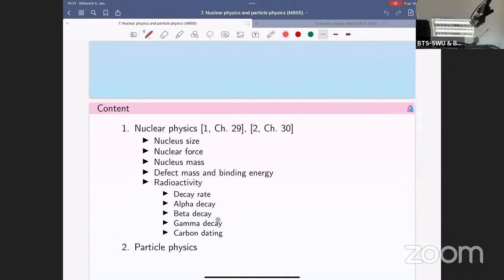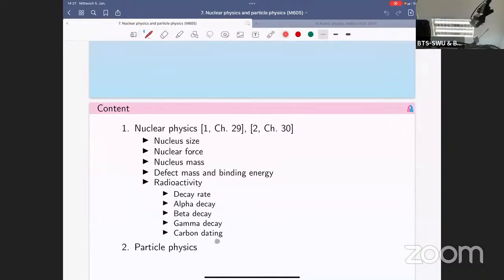Alpha decay is the decay of the alpha particle. We will talk about beta decay, that's the decay of the beta particle, and gamma decay. Gamma decay is the decay caused by the gamma ray.